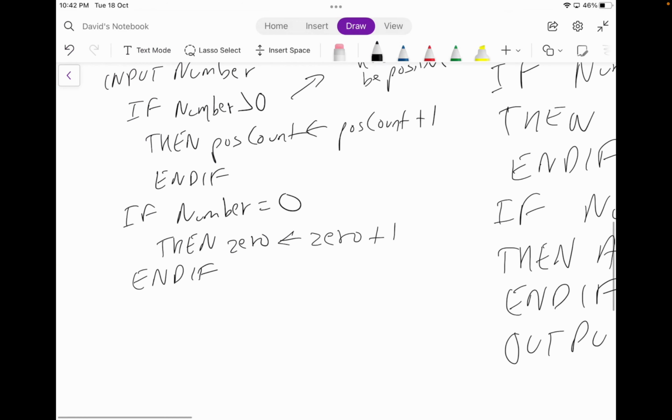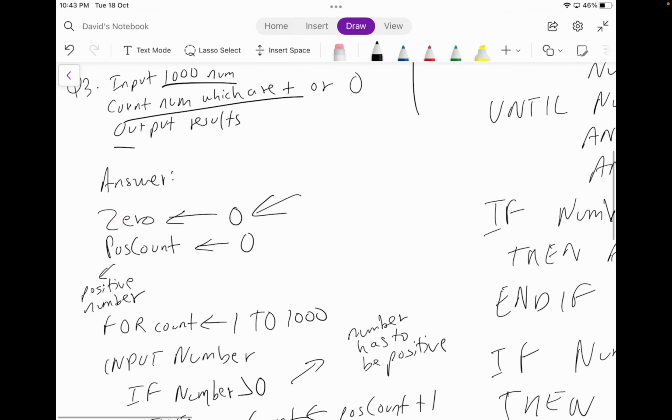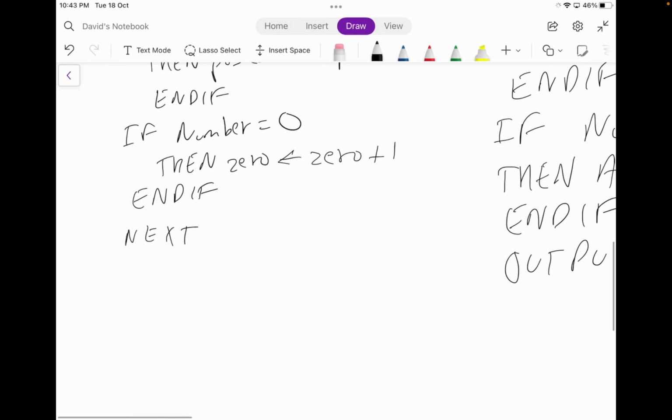Once you do that, you're going to write down a NEXT clause, because that's the most important step when dealing with this. You're going to say NEXT, and you're going to output, since they have asked us to output the results. That's what question 3 is asking us to do. You're just going to write the word OUTPUT, then post count. That's a variable we store all the positive numbers in, comma, but in inverted commas, you're going to say positive numbers.